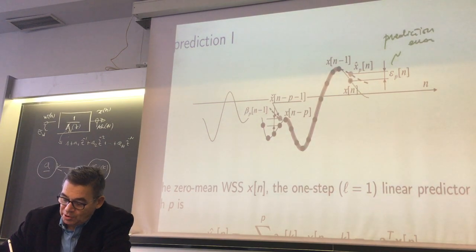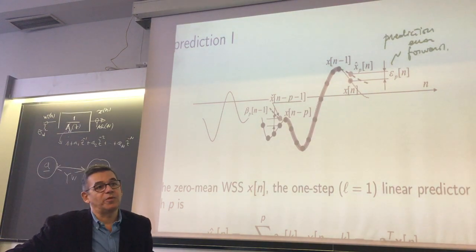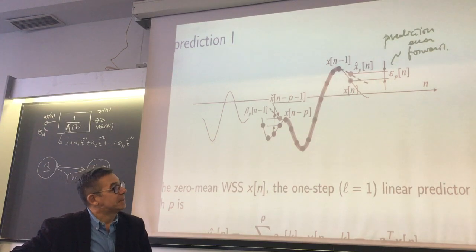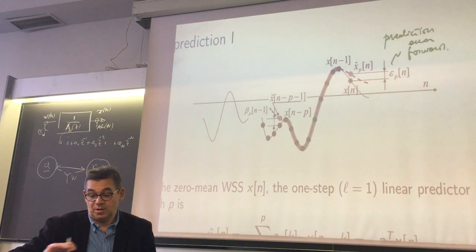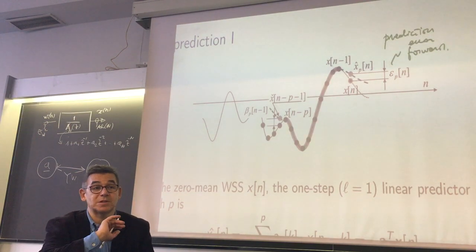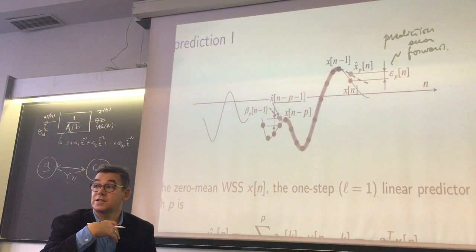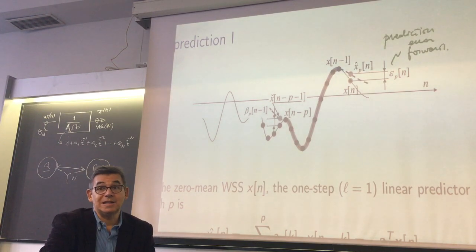Now let me add a new word, forward. The reason I put forward is that I'm assuming, which I forgot to say, that x n is stationary. In any stationary random process, time can be reversed.